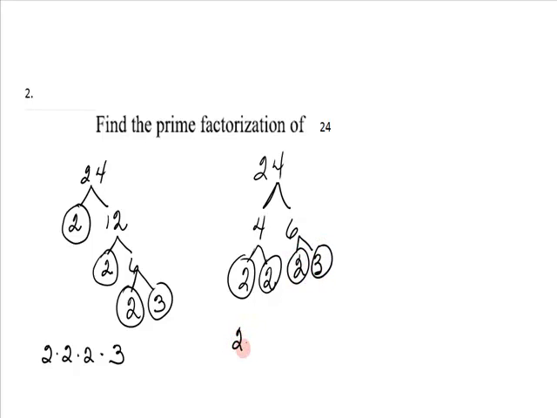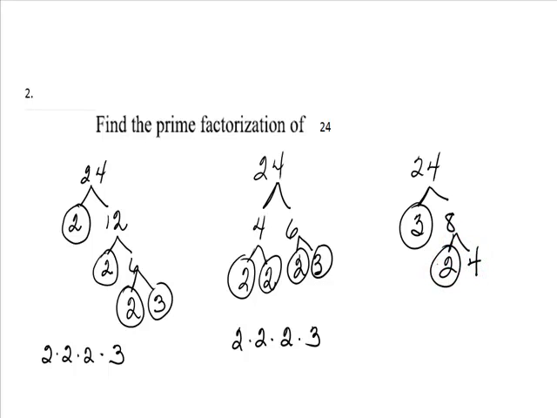What are my factors? 2 times 2 times 2 times 3. Well, let's do it one more time. What if when you saw 24, you said, I was thinking 3 times 8, because that is 24. 3 is a prime. 8 is not. It's 2 times 4, and that's a prime.